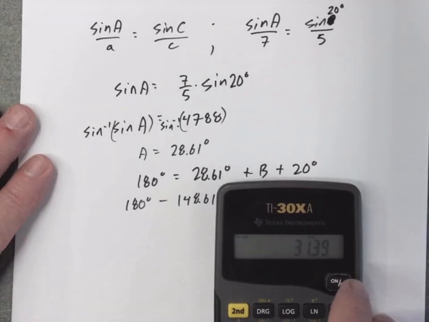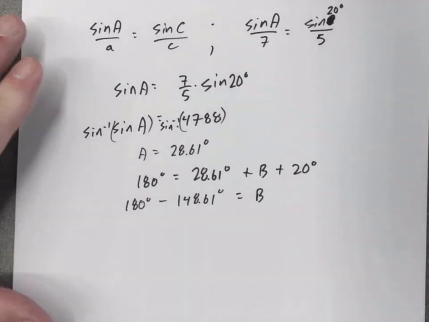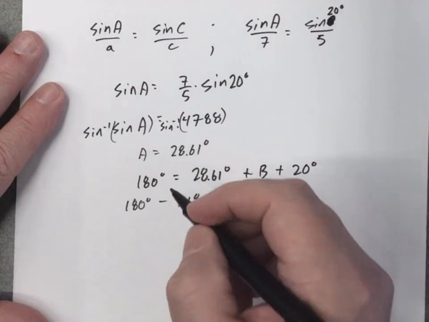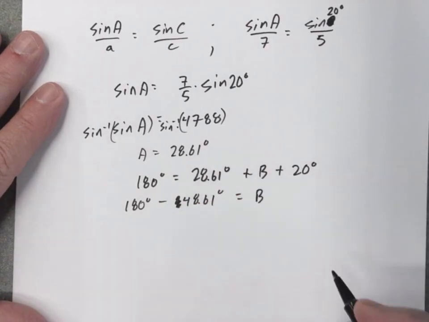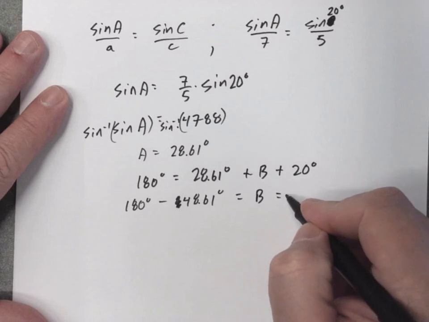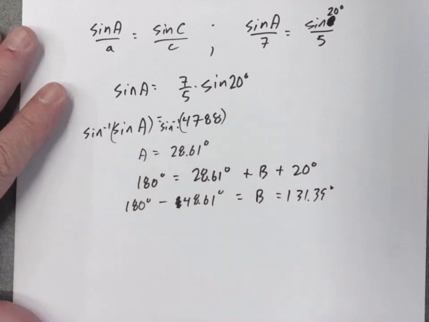Sorry. All right, hang on. 28.61 plus 20 is 48. So this is actually going to be 131.39. Sorry about that.